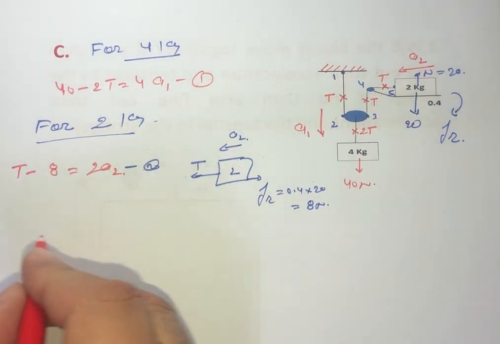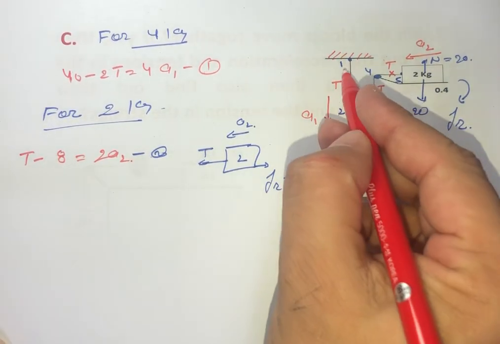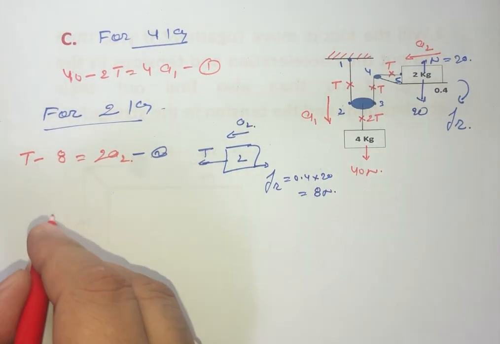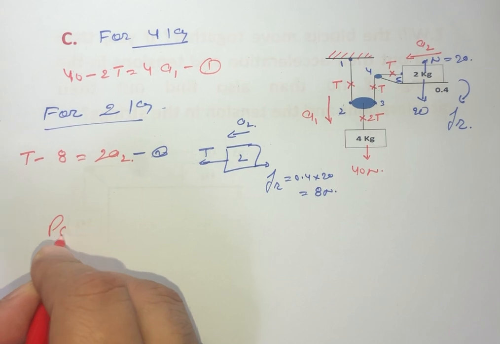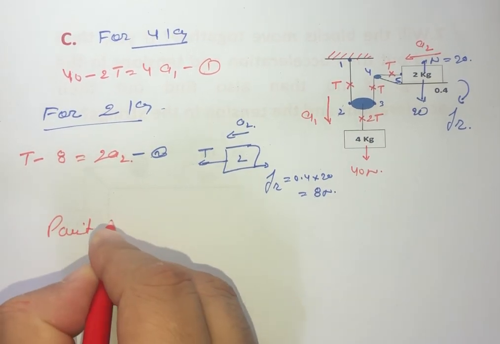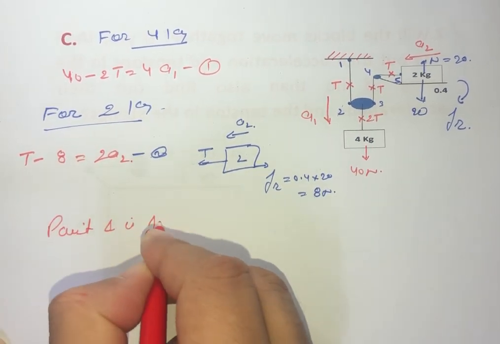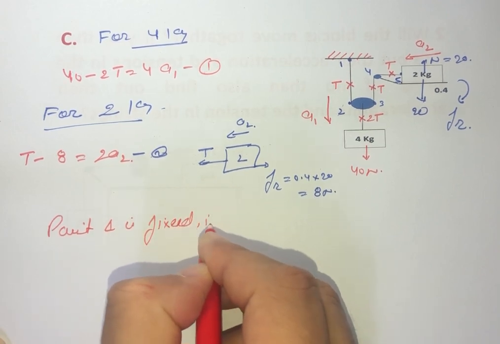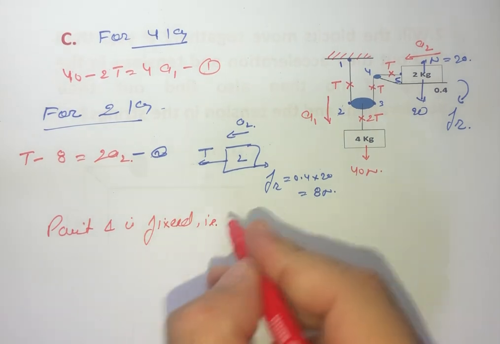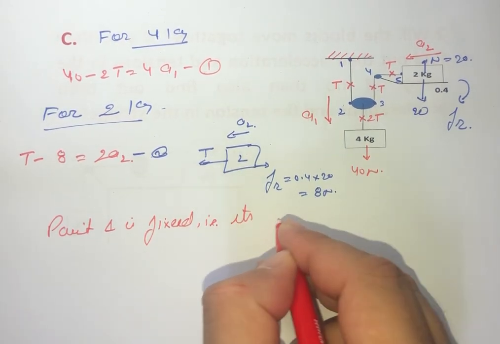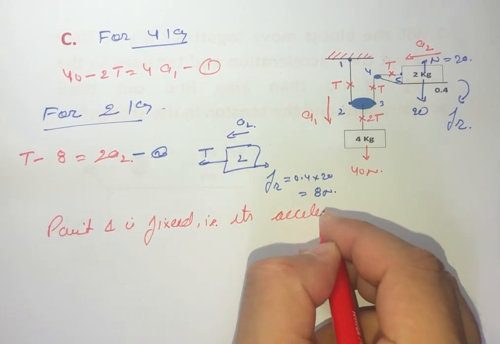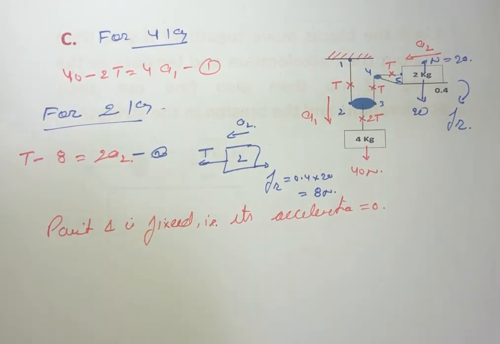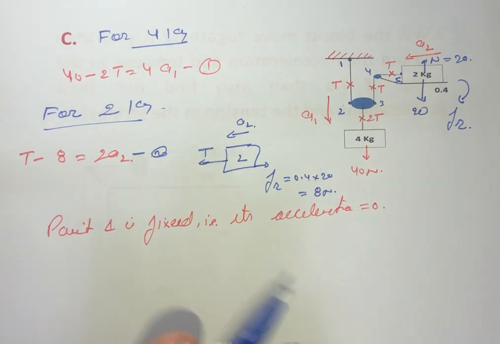So we can say that point 1 is fixed, therefore its acceleration is equal to 0.